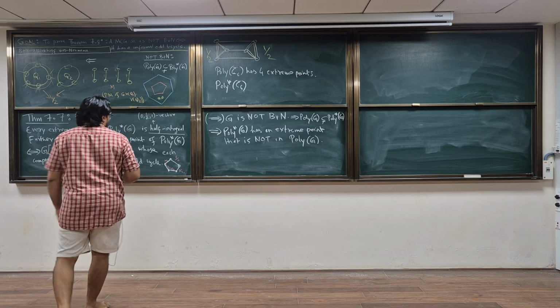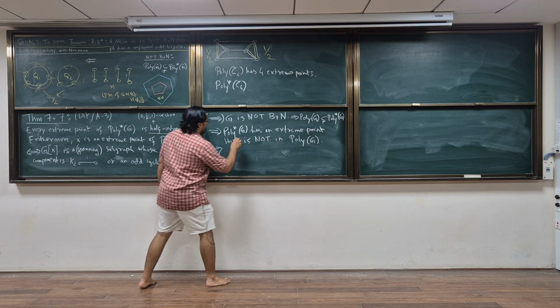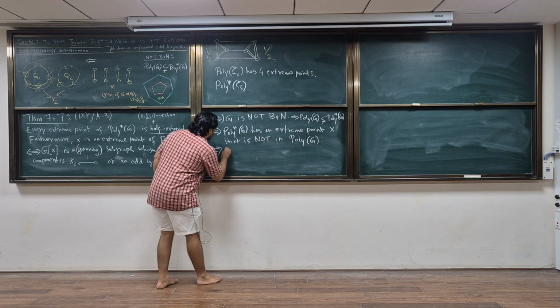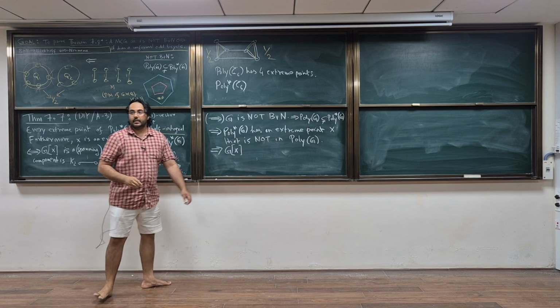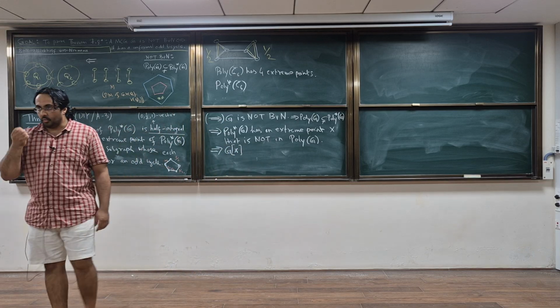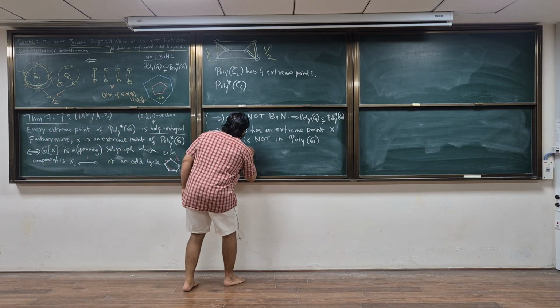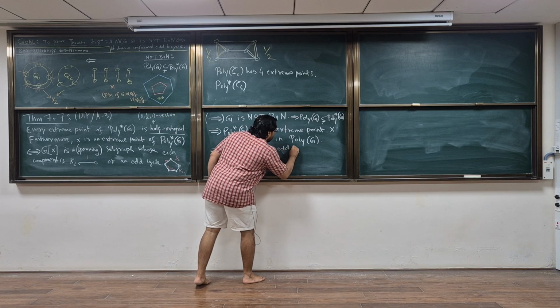Right? So, this implies that for the extreme point x, the graph induced by the support of x has at least 2 odd cycles and it has an even number of odd cycles.